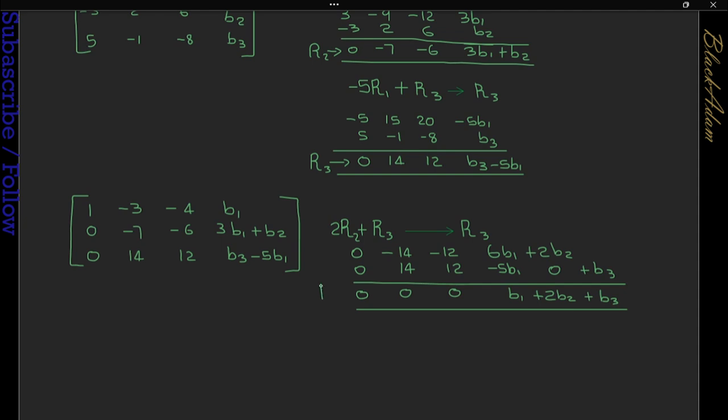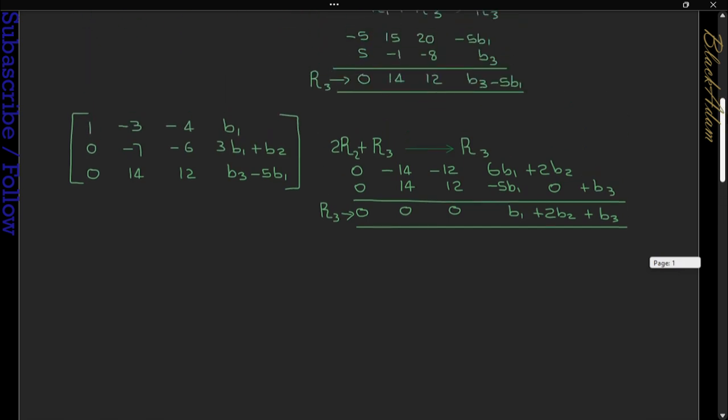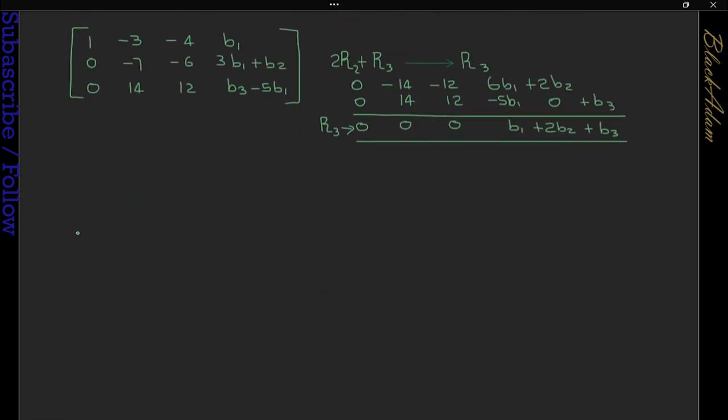Then we rewrite the matrix. All of that goes to row 3. Rewriting it, row 1 is unchanged, so we write it as it is: 1, -3, -4, b1. Then row 2 is 0, -7, -6, and 3b1 plus b2.